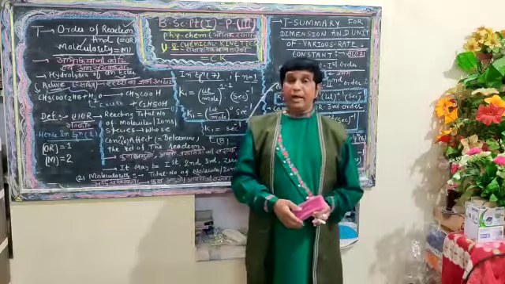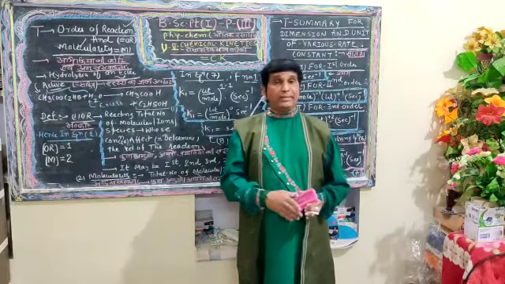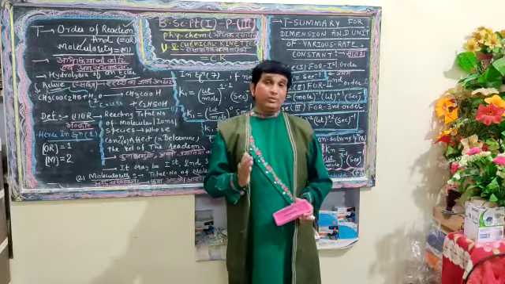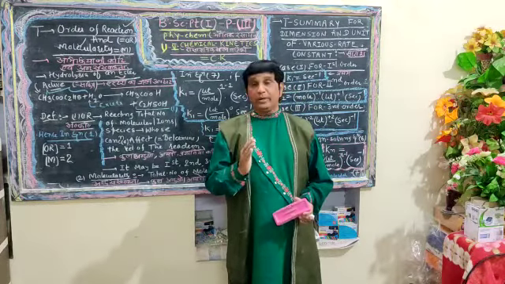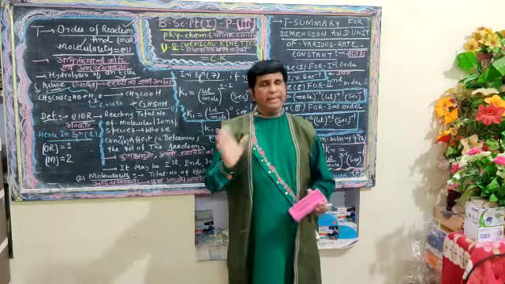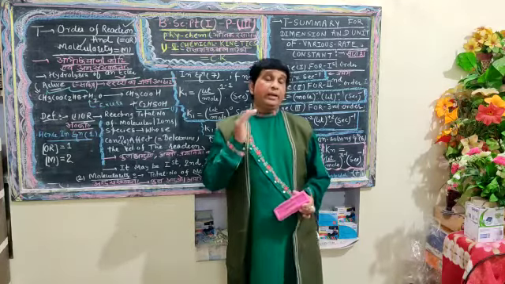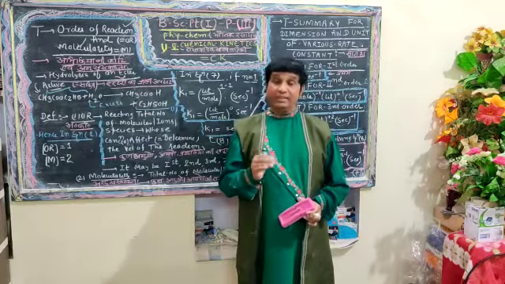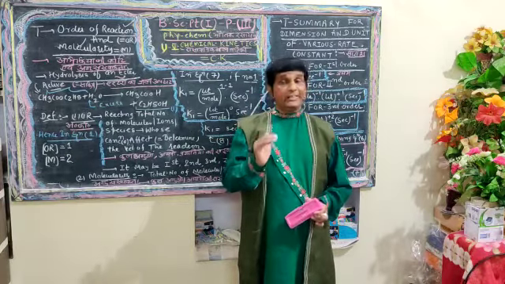Another example I illustrate here to explain the distinction between order of reaction and molecularity. Suppose in BSc part 1, 50 students are allotted in a section, and the concerned teacher is delivering the lecture.